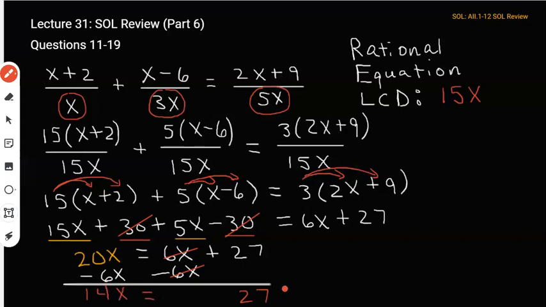So then the last thing I have to do is get rid of this 14, and to do that, I can divide both sides by 14.